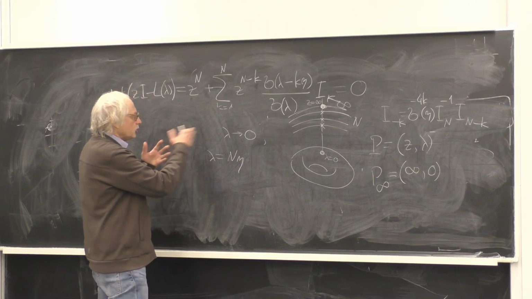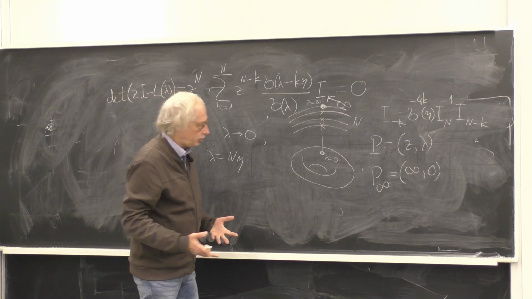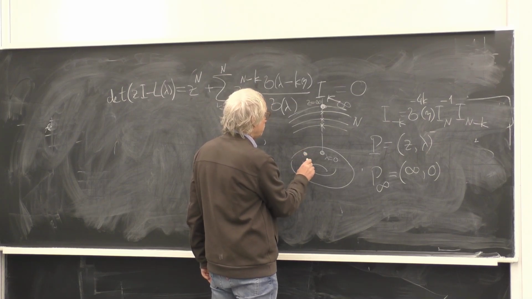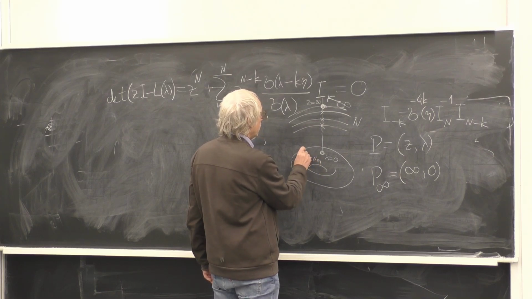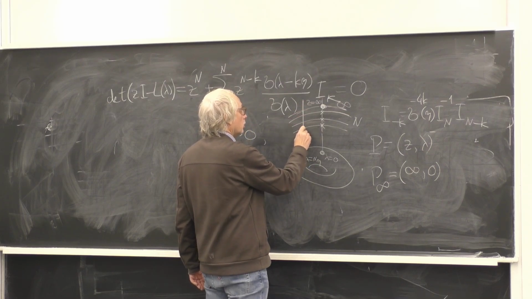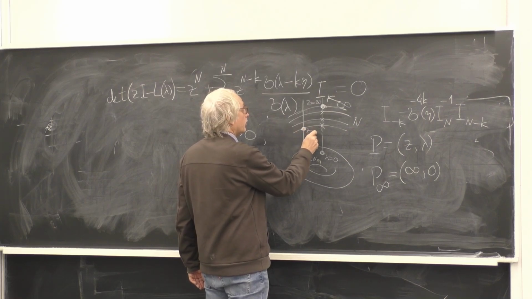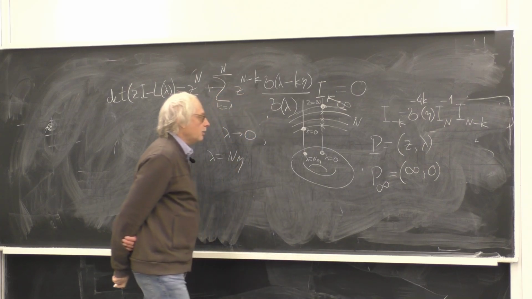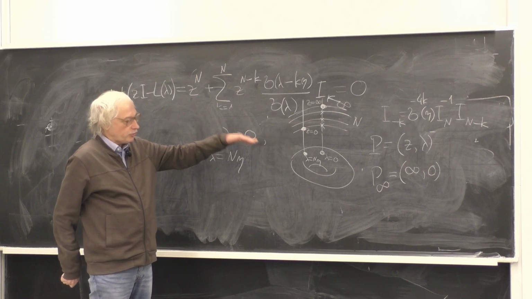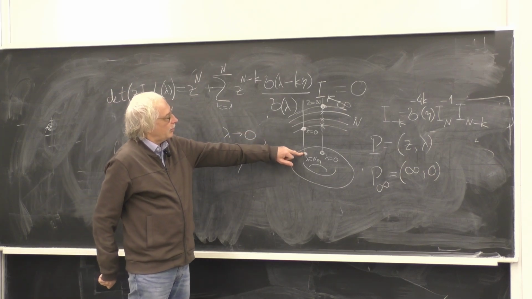So the equation has a zero root. So there is another special point, lambda equals n eta. There are n points above it, and the point where z equals 0 is one of the points of the curve lying above it.